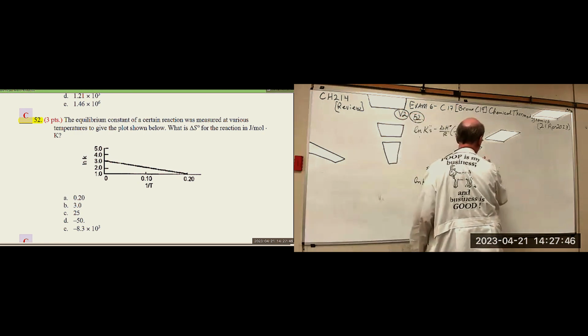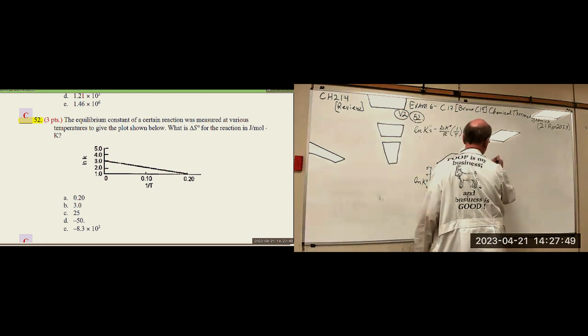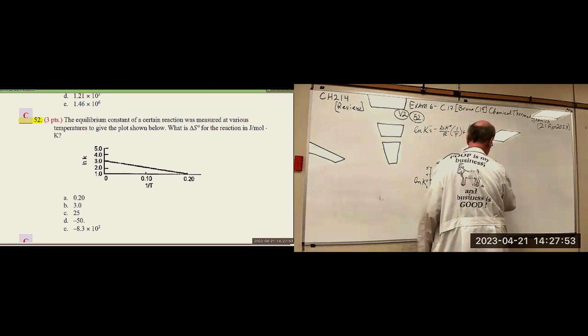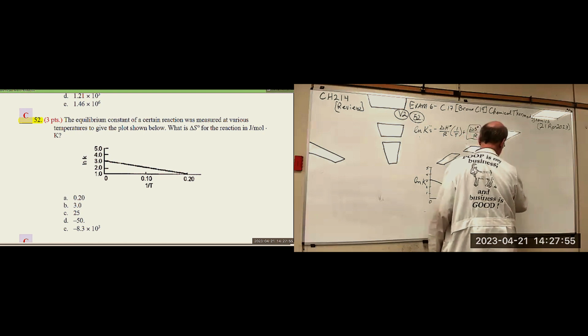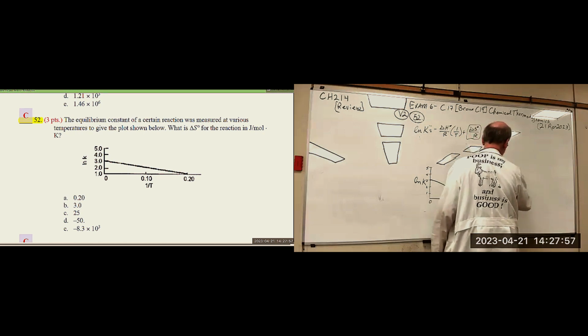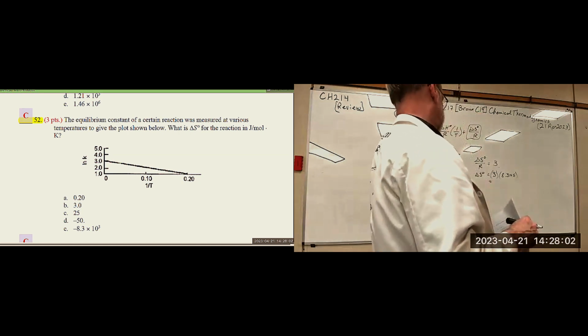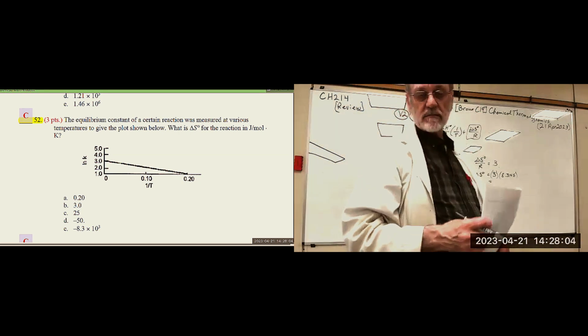Delta S0 over R equals 3. So delta S0 equals 3 times R, 8.3145, which is in the neighborhood of 9.